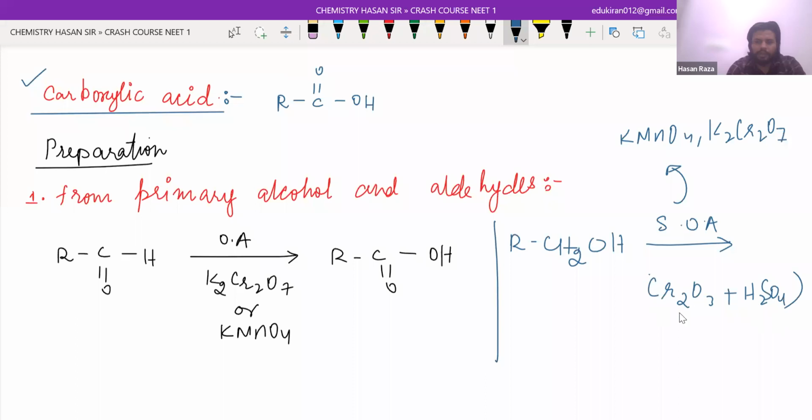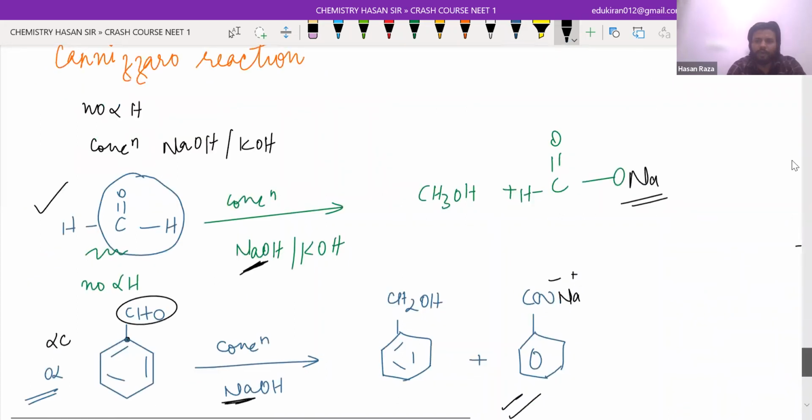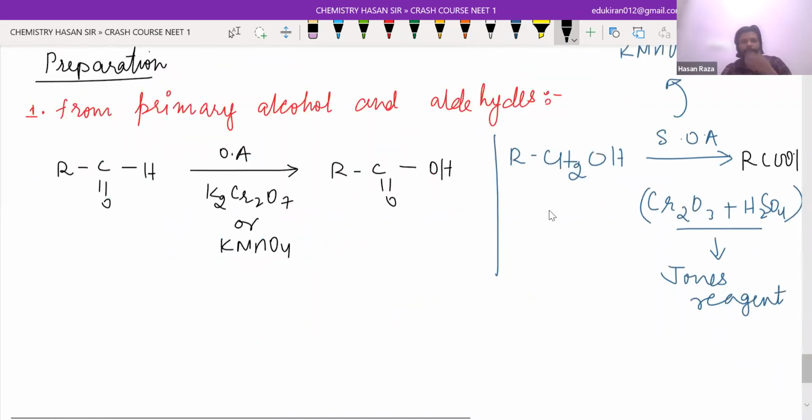This reagent is known as Jones reagent. Then this primary alcohol will be directly converted into carboxylic acid.